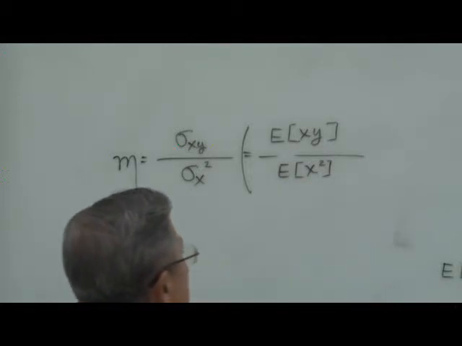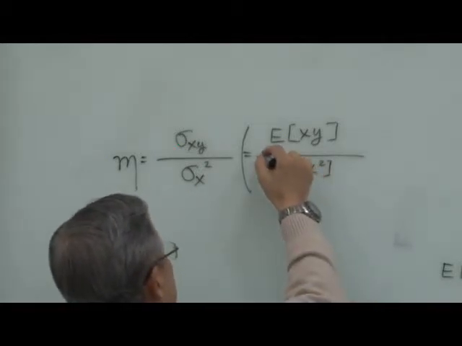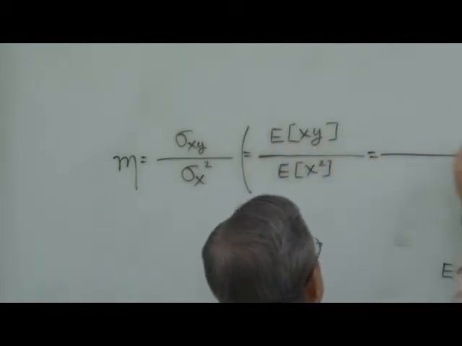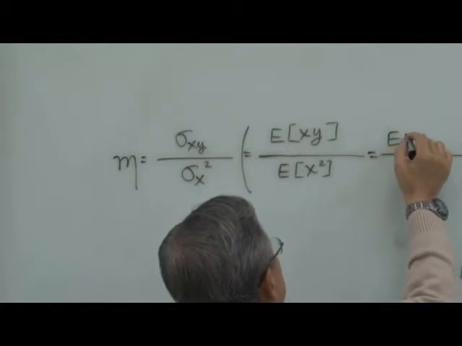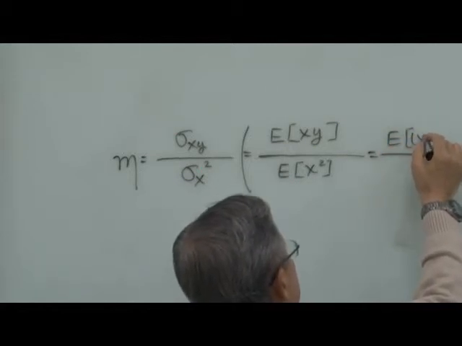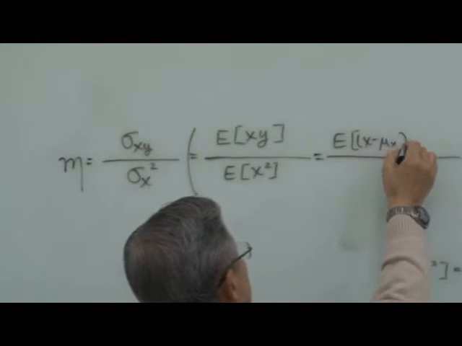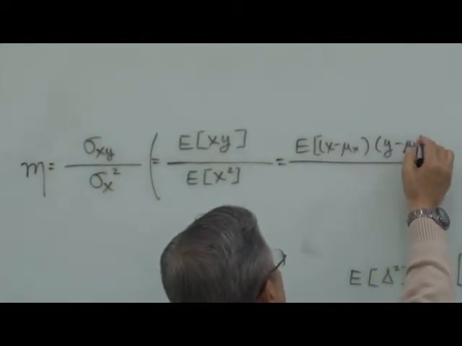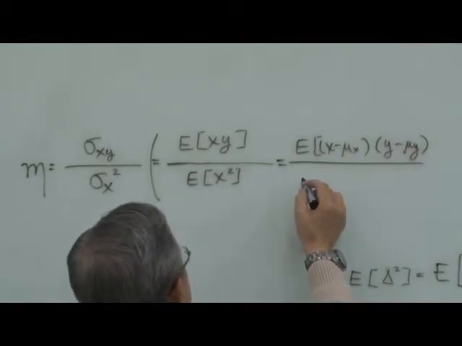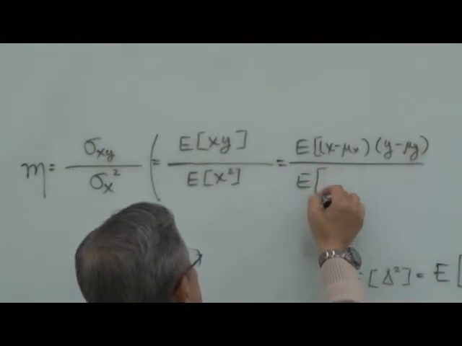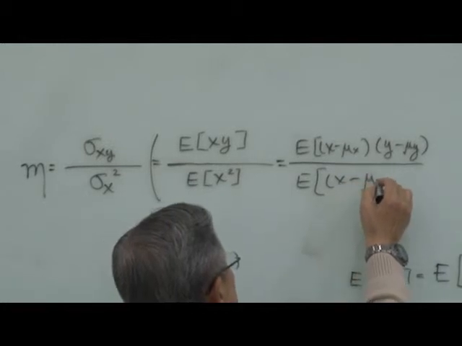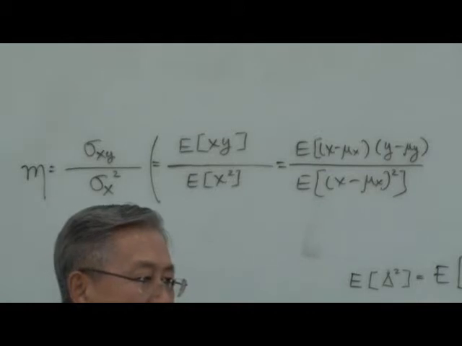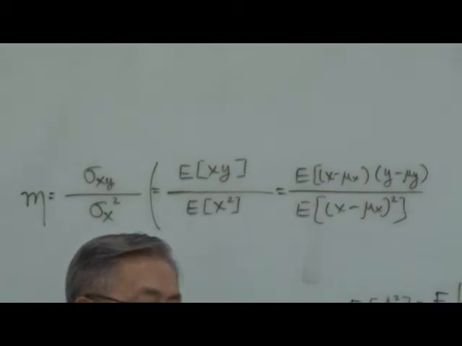Okay. However, I'm writing the same thing with a different notation. Don't be confused. I can rewrite this guy as E[(x - mu x)...]. Can I do that? Can I do that?